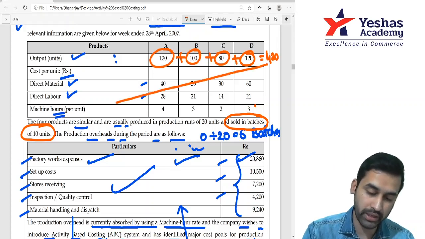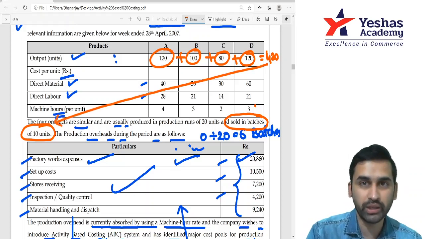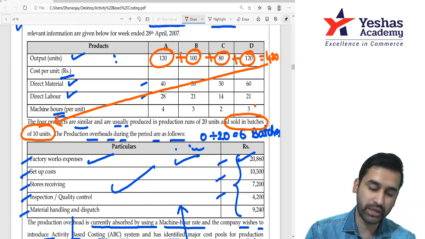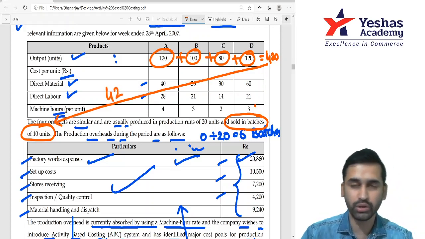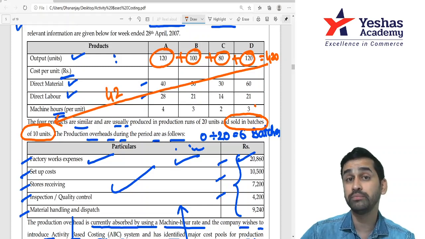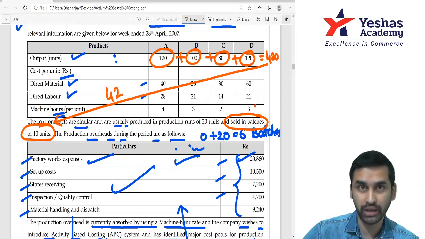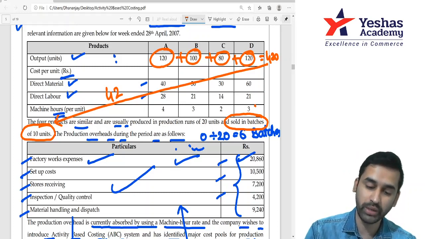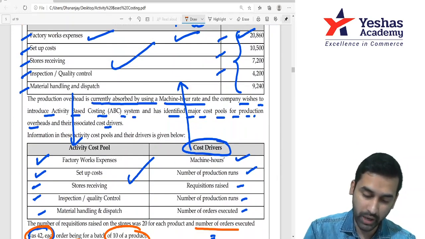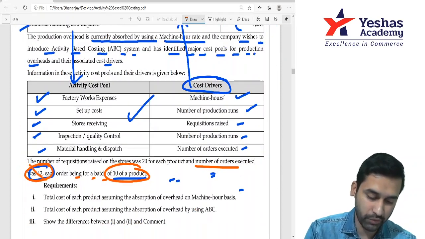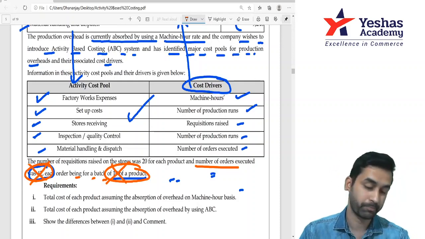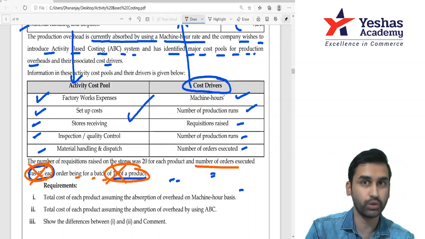And then 420 units, you are not going to sell 1 unit at a time. You are going to sell 10 units. That means 420 divided by 10, so 42 orders executed, I already know. 420 you have to sell in total and you will be selling 10 units in one batch. So 420 by 10 is 42, I already know. That is why I said this 42 and this 10 was not necessary. That's why I said repetition. Even if they don't give this in the question, you should be able to identify. That's what I tried explaining.